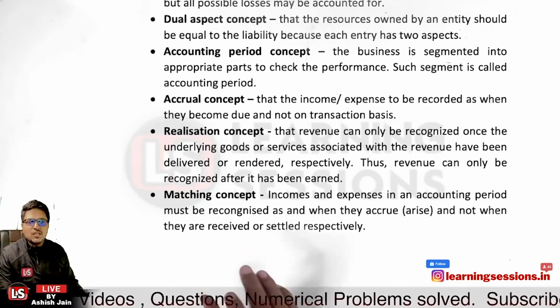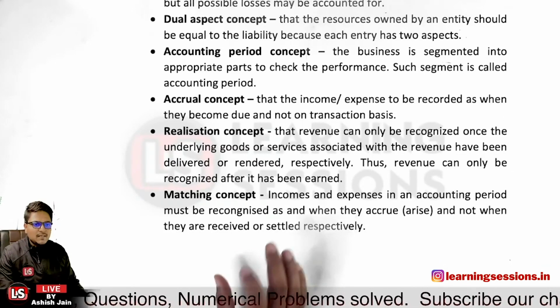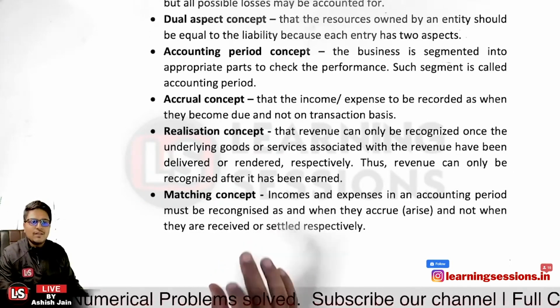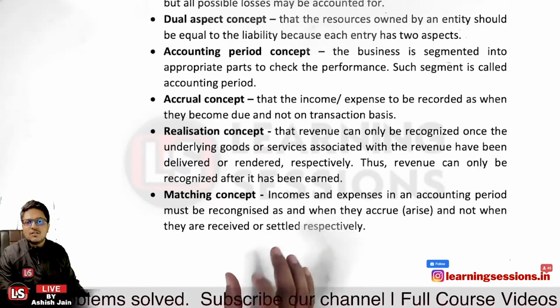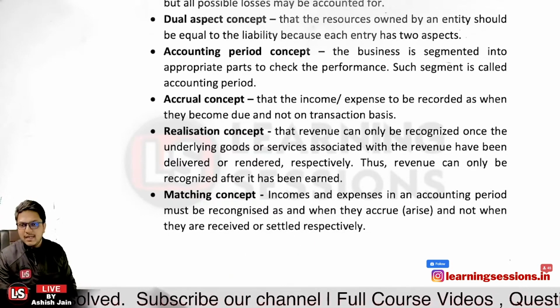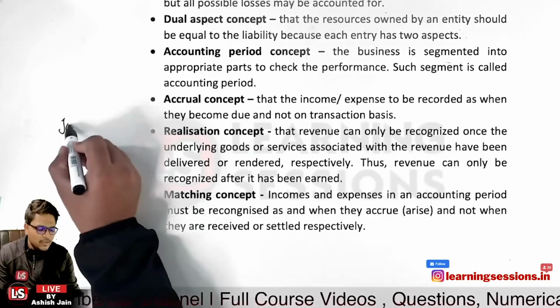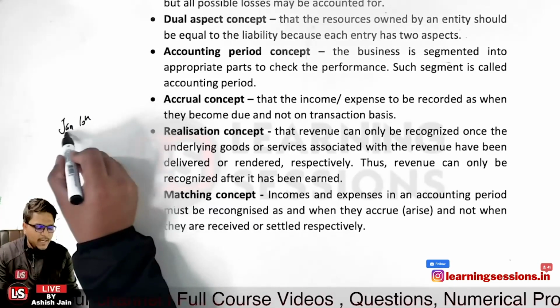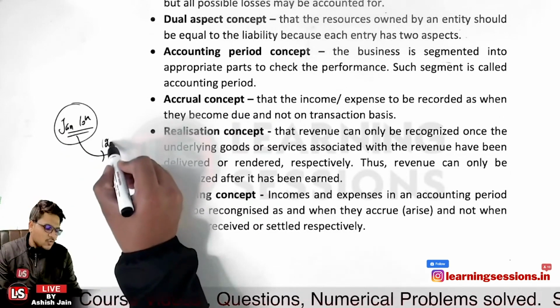Then it is related to the matching concept. So incomes and expenses in an accounting period must be recognized as and when they accrue, and not when they are received or settled respectively. What does it indicate actually? So if I have paid on January 10th rent for the whole of the year, I paid rent for 12 months over there.